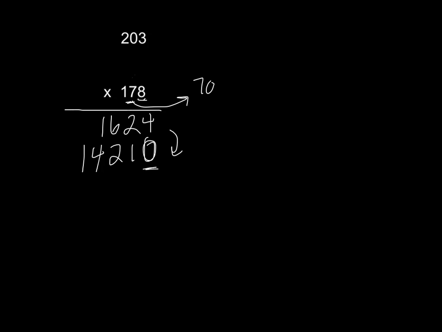This time, I'm going to go over to the next place value, and this place value is worth the hundreds. So 1 is really worth 100. Now when I move over another number, I'm going to go down another row, but this time I'm going to add 2 zeros.